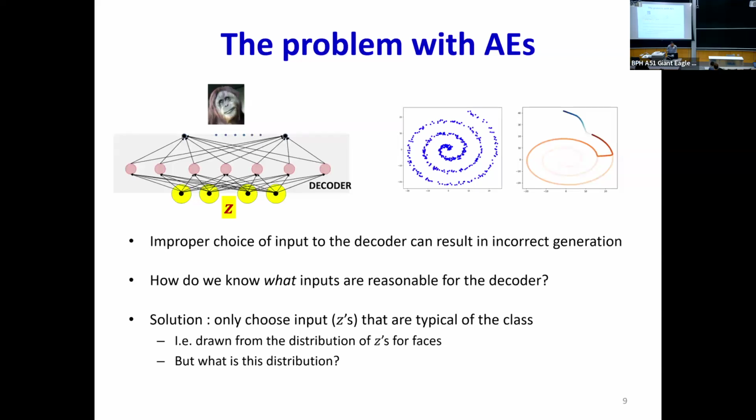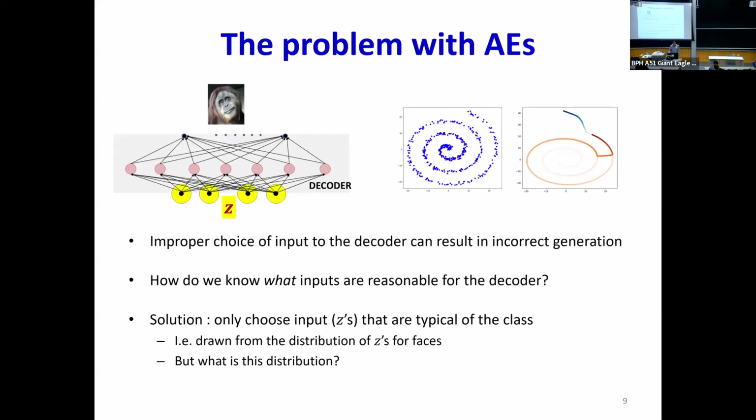So the solution is this: if I'm training the autoencoder on data from a particular class, so that when I excite the decoder it generates more data from the same class, I want to make sure that the z values that I feed into the decoder are typical for the class.